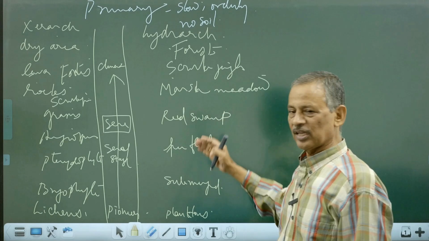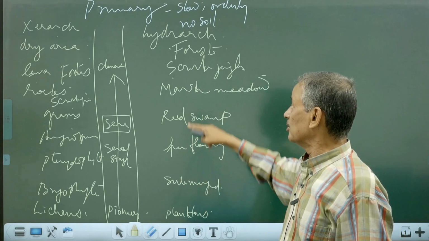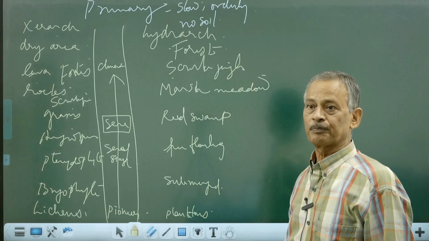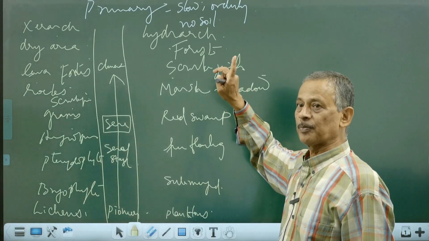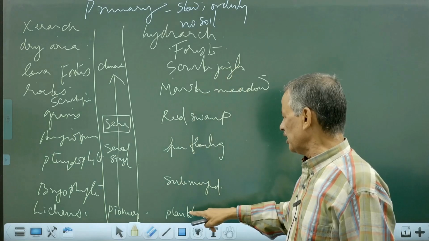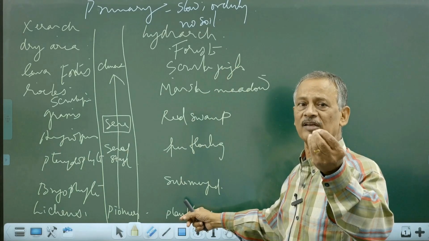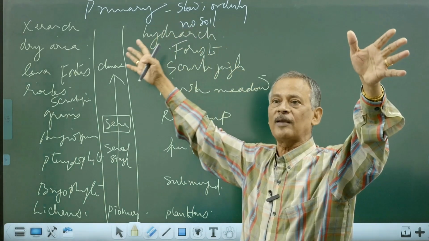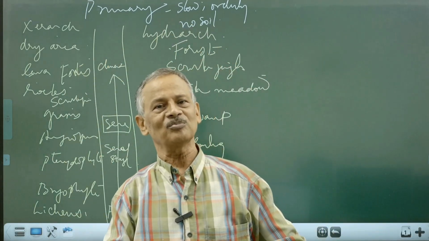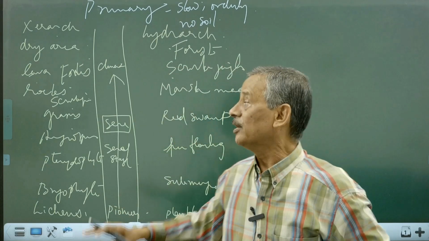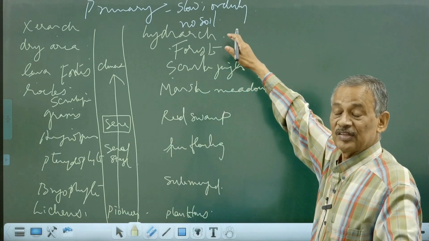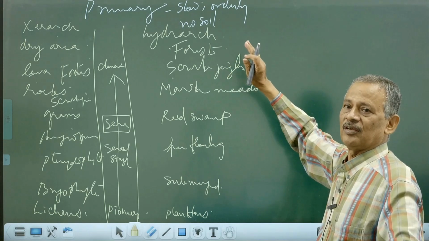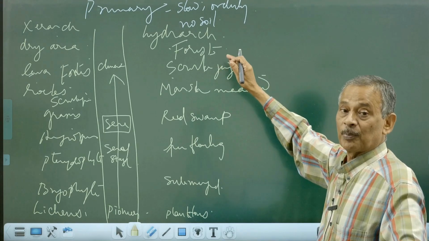During this progress, there is increase in the biomass, increase in the diversity, increase in interrelationship and interaction. Initially, only very few types of organisms will be there. But in a climax community, there will be so many different varieties of organisms. So, there will be increase in biomass, increase in diversity, increase in complexity, increase in interdependence and interaction.